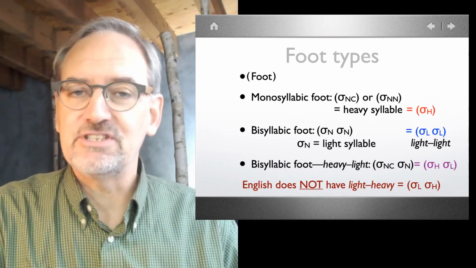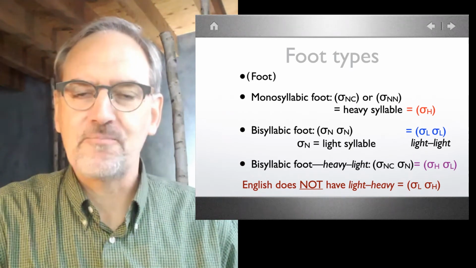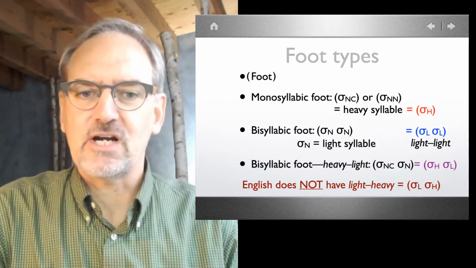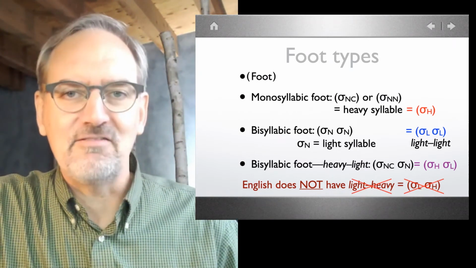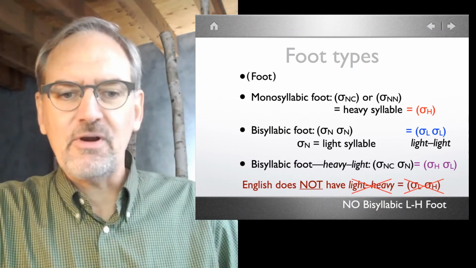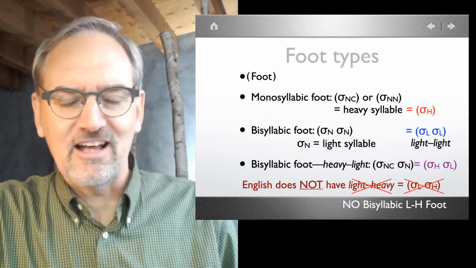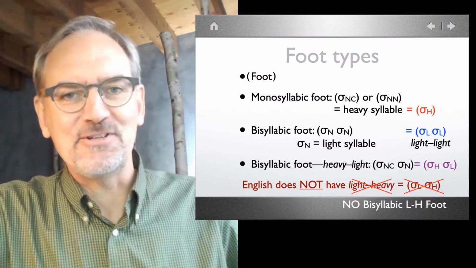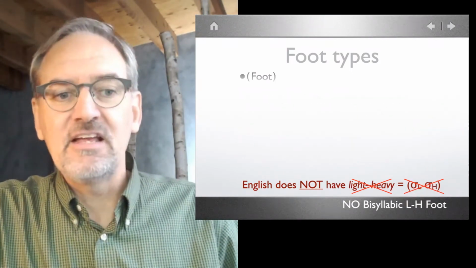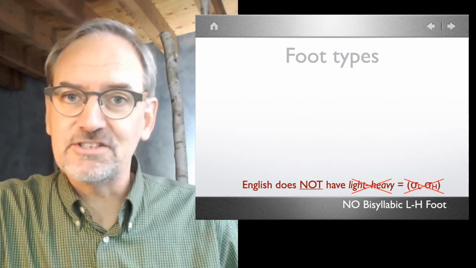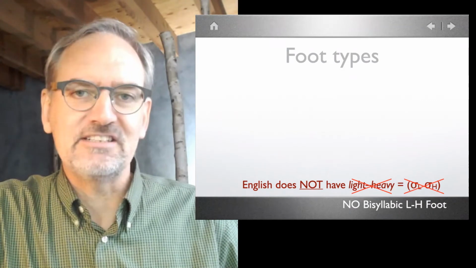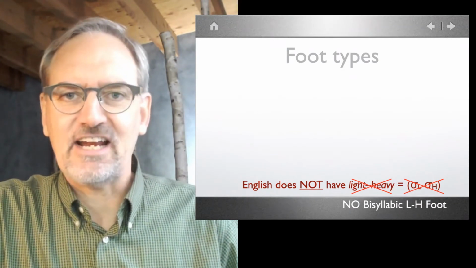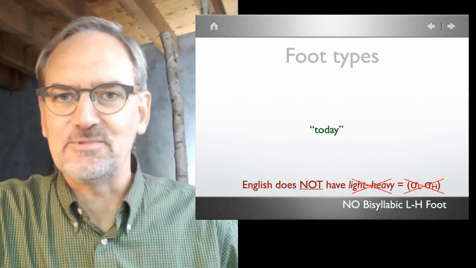There are other languages with that kind of foot structure, but English foot structure does not permit a light syllable followed by a heavy syllable. We have no light-heavy foot types. Nevertheless, we do have words made up of two syllables in which the first syllable is a light syllable and the second syllable is a heavy syllable.